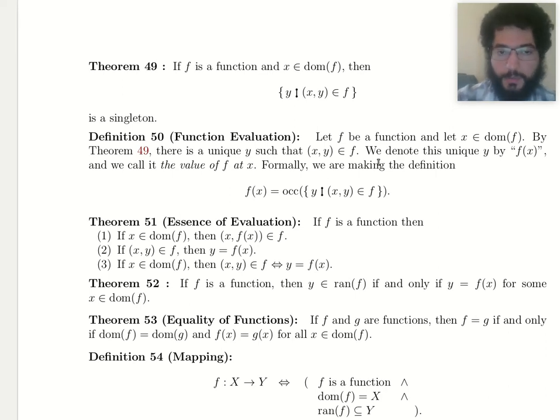I guess it's pretty much immediate, if you use that language, that f of x is an element. It's the unique element of this set, so it is an element. But just to stick to being more rigorous and relying on the symbol I'm using here, let me break down using Theorem 49 what this is.